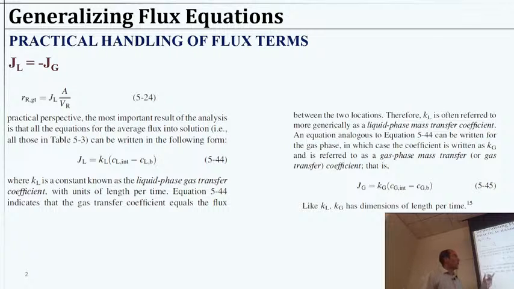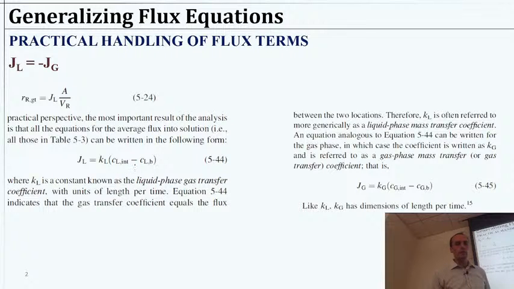If we define it this way, there's going to be some driving force of concentration, not pressure exactly, going into the liquid based on the difference between what concentration the liquid would like to have if it was at equilibrium with our gas and where we currently are. So we can end up defining this liquid phase gas transfer in that sense.